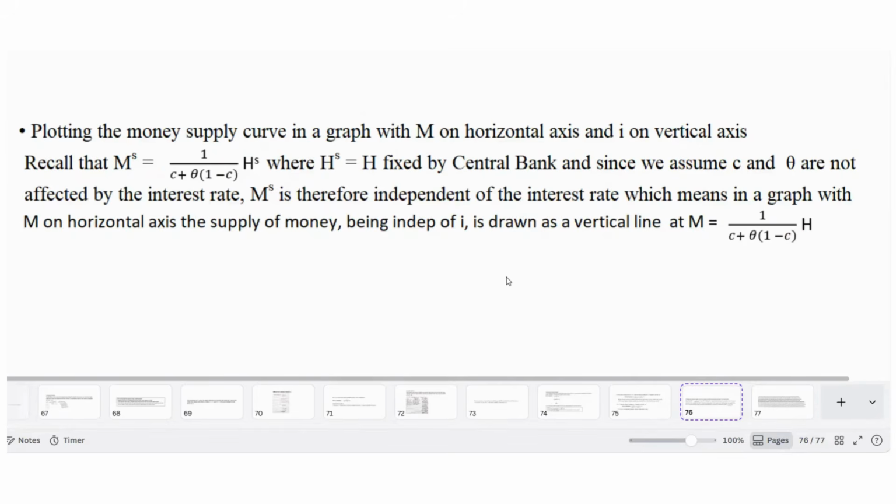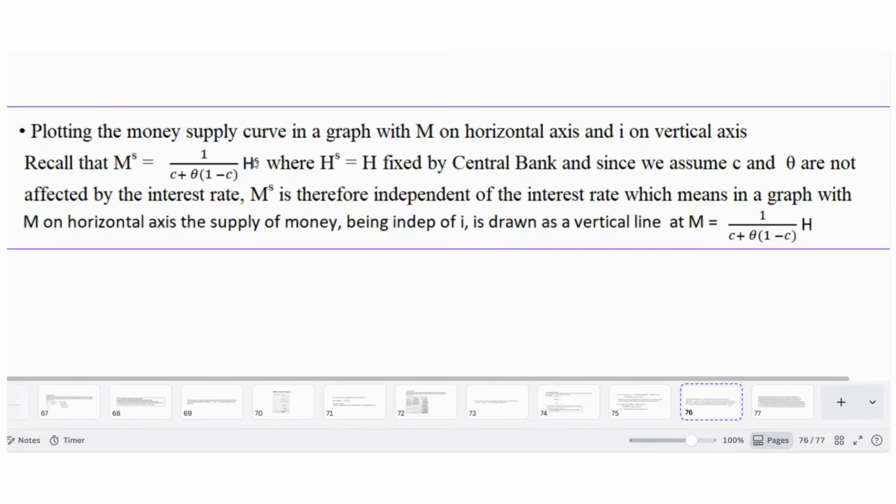So in this case, where we do have a banking sector, the central bank can directly control the supply of central bank money H^S, but it can only indirectly control the overall money supply because it is a product of the money multiplier and H^S. The central bank directly sets H^S and can influence the money multiplier, but it cannot control two components of the money multiplier: number one, C, which is decided by households, and the excess reserves part of θ, which is decided by the banking sector.